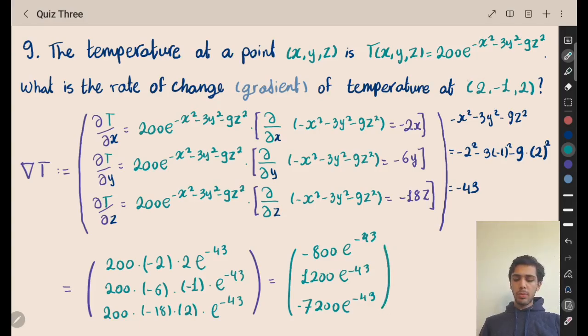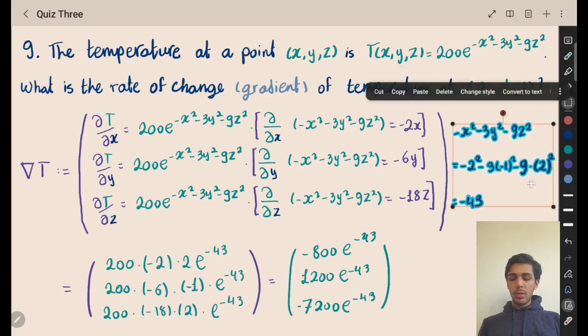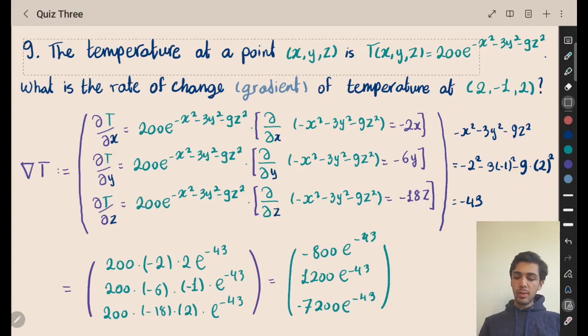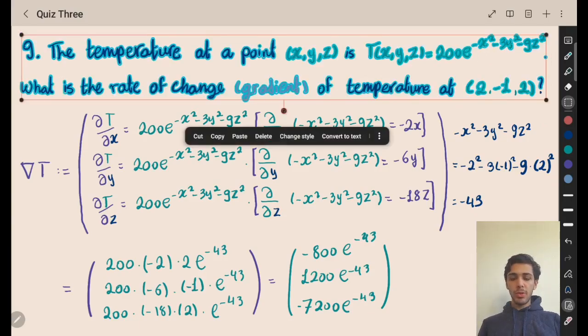The goal of evaluating it at a specific point is not to force you to go through this sorcery, but rather it's because we have a set of choices and we want you to choose the correct one. So it's more of a way to have a multiple choice question which involves this type of computation.